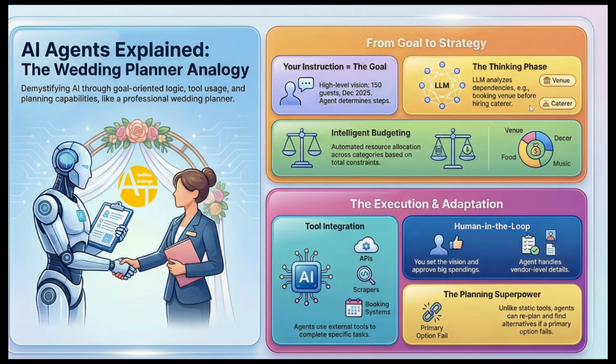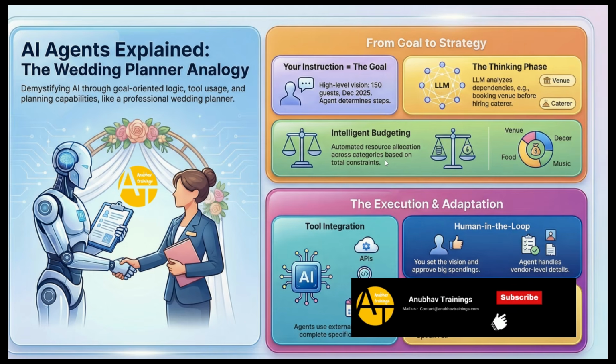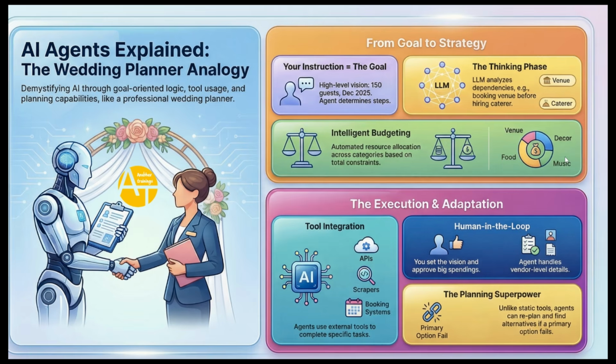And at this point of time, it's quite important to first book the venue, then hire a caterer or a decorator or a DJ or a cameraman. So this is how it calculates the most critical dependencies and priorities. Then it does intelligent budgeting because everybody's wedding budget is different. It allocates, based on the input and constraints and boundary conditions, the budget for venue, decoration, music, food, etc.